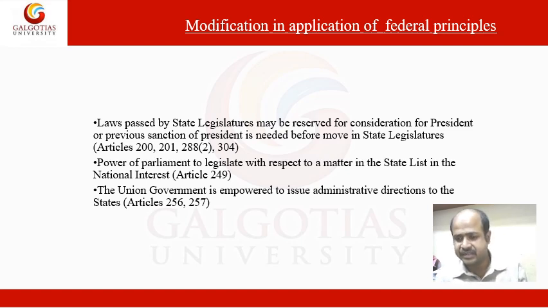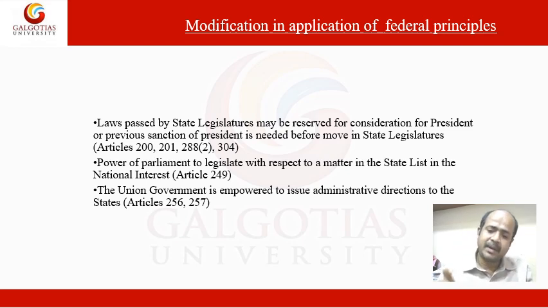We have the three lists. In the federal government, as we have seen, there is the distribution of powers: where Parliament can make the law, where the state legislature can make the law, where the central Parliament can make the law. Those powers have been given in Schedule 7 of the Indian Constitution.